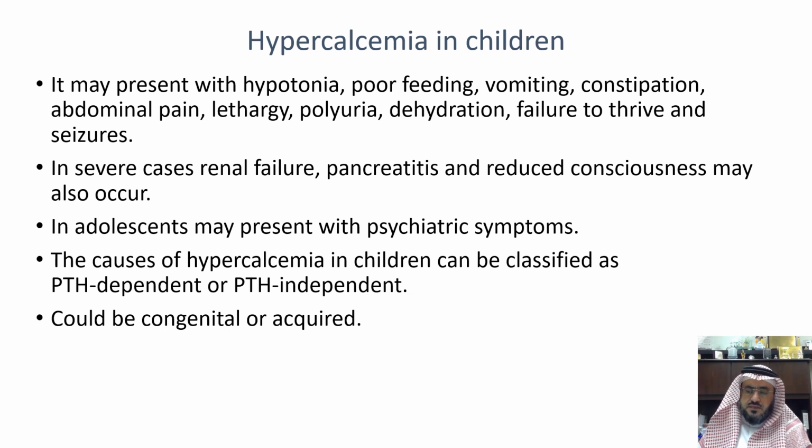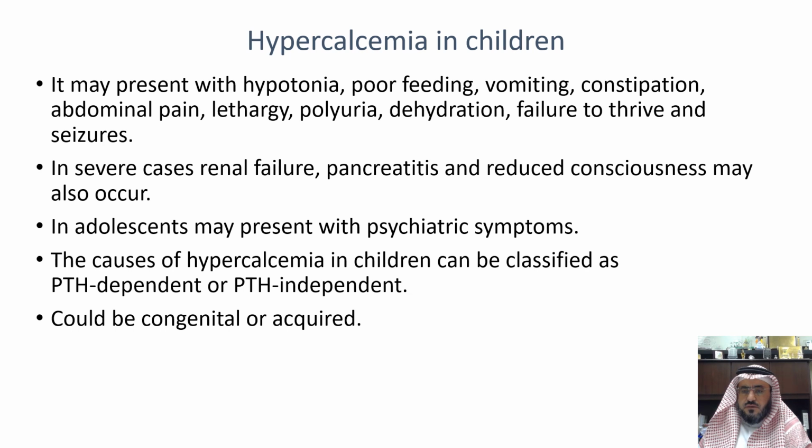In severe cases of hypercalcemia, there will be renal failure. Why renal failure? Because of nephrocalcinosis and acute pancreatitis, secondary to acute hypercalcemia. In adolescents, hypercalcemia may cause psychiatric problems.